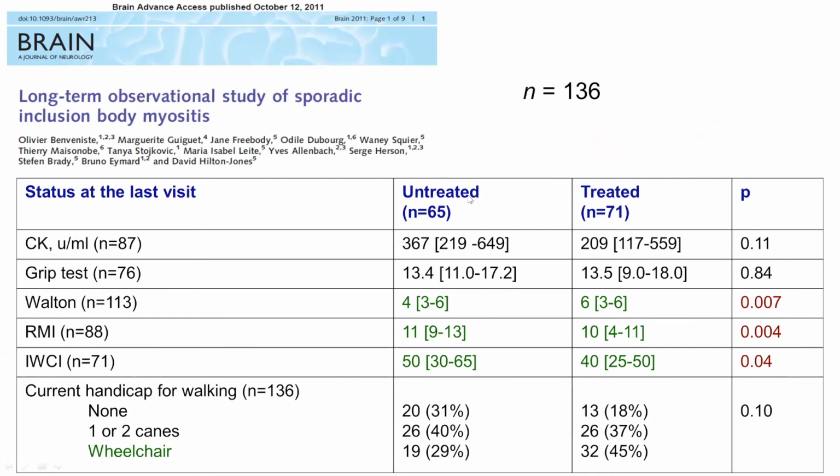But we reviewed all the patients and we observed, on 2 scales of handicap, the Walton and the RMI, but also on the IBM Weakness Composite Index, which is a score on the muscle strength and endurance of the patients, that the treated patients have a more severe handicap and are weaker than the untreated ones.